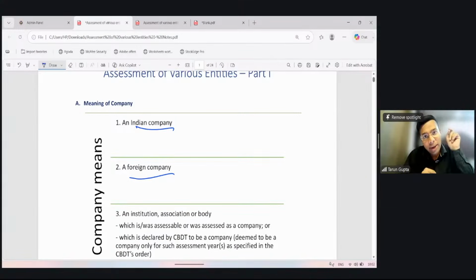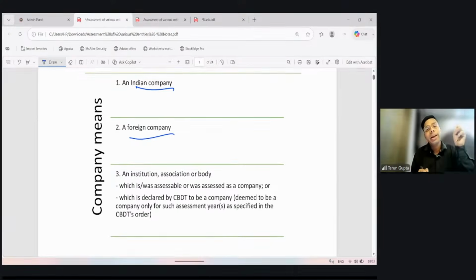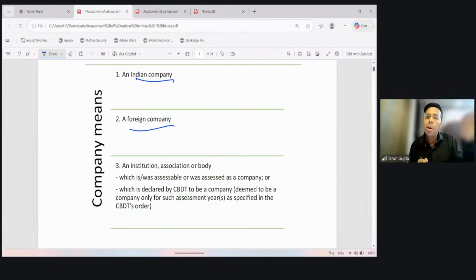So company includes an Indian company, a foreign company, and any association, institution, or body. Even if the entity is not incorporated as a company, it is incorporated as an association, institution, or body, then still it can be a company if it was assessable or is assessed as a company, or is declared by the CBDT to be a company by a special order.